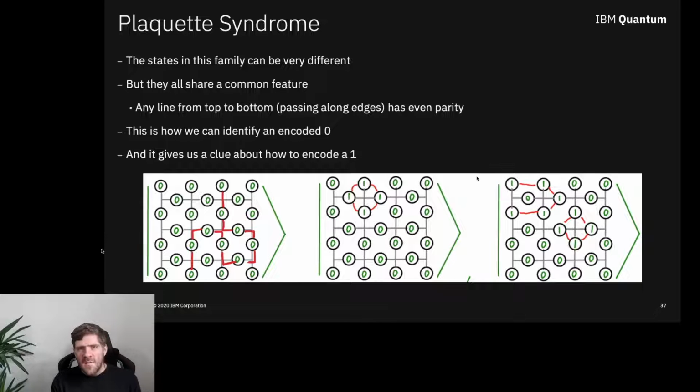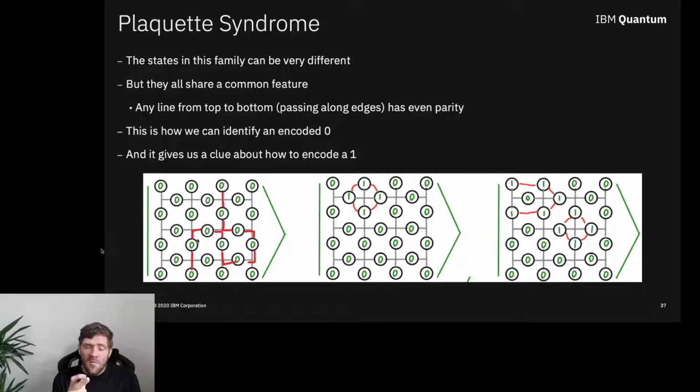The states in this family can be very different, but there is one feature they all share in common, which is that if we pick any line from top to bottom, which passes along the edges of the lattice, then it has even parity. And we can see this because any line from top to bottom basically goes into a vertex and then out of a vertex.